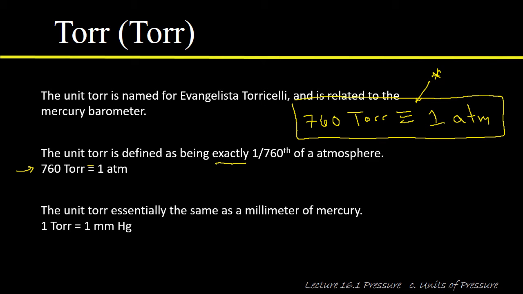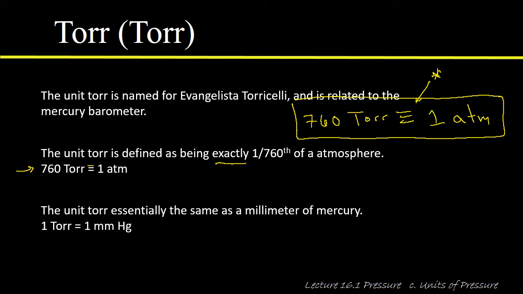Now, this definition that I gave you is essentially the same thing as what we just said a minute ago for a millimeter of mercury, because a millimeter of mercury is also 1/760th of an atmosphere. However, 1 torr and 1 millimeter of mercury turn out not to be quite exactly the same thing. They are very, very close to the same thing.